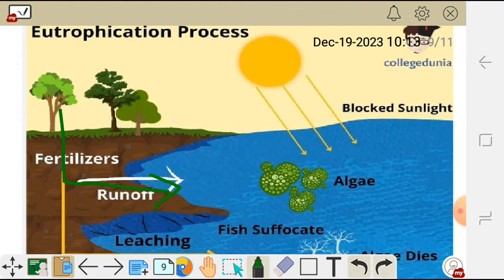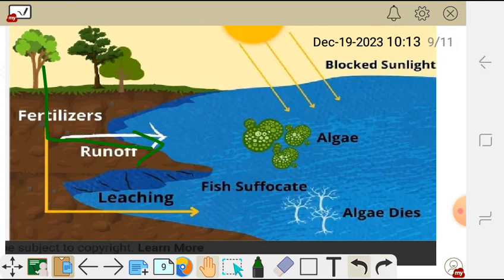Now in the water, there will be nutrients such as nitrogen and phosphate, which are going to be deposited in the water, which are going to cause the death of algae, because the water is enriched with the phosphate and nitrogen.